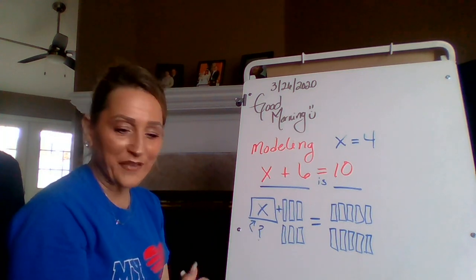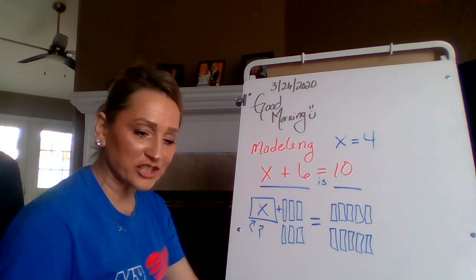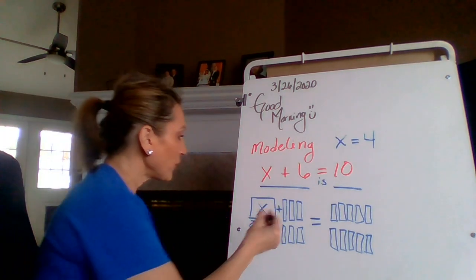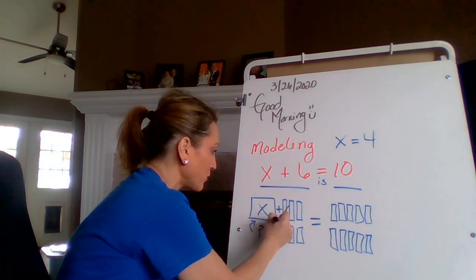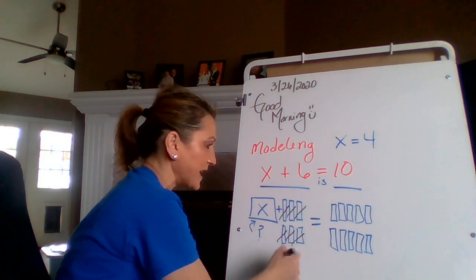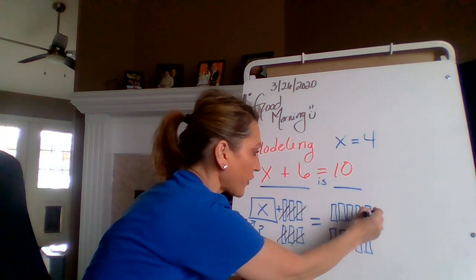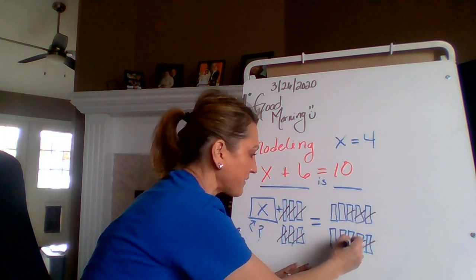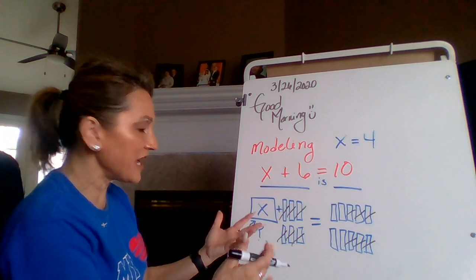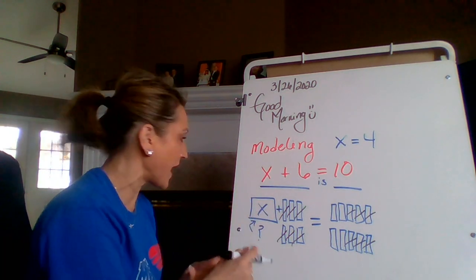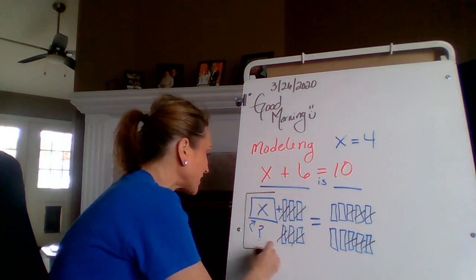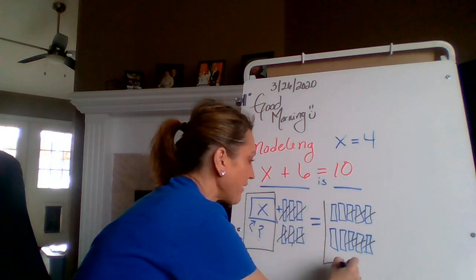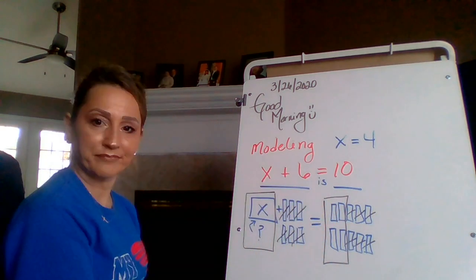Well, in modeling, it's fairly simple. I can just look at, well, if I have 6 here, 1, 2, 3, 4, 5, 6, and I see that I have another 1, 2, 3, 4, 5, 6 here, I can then evaluate: I have x left here, and I have these number rods left here.